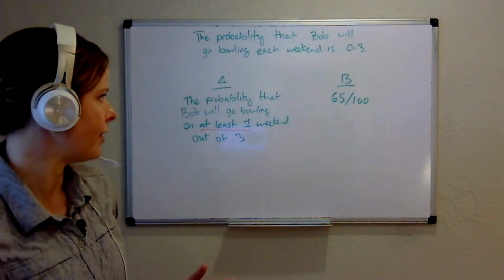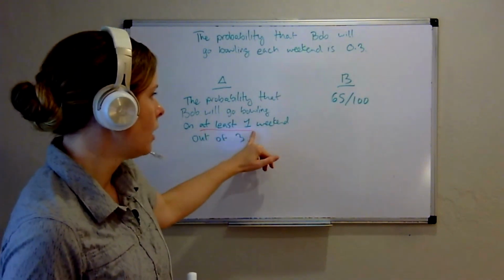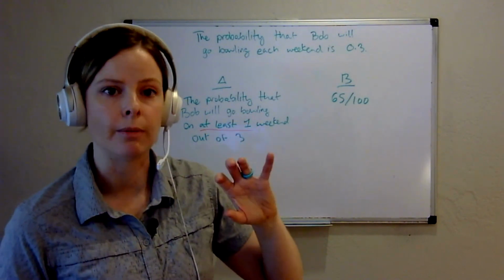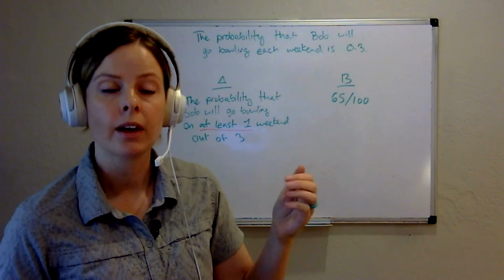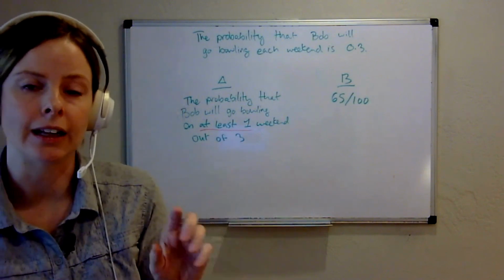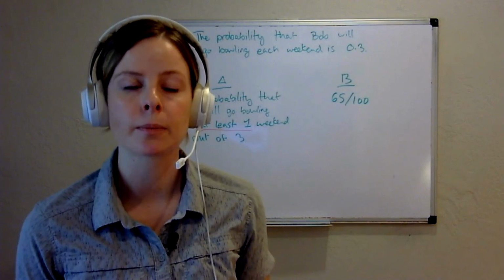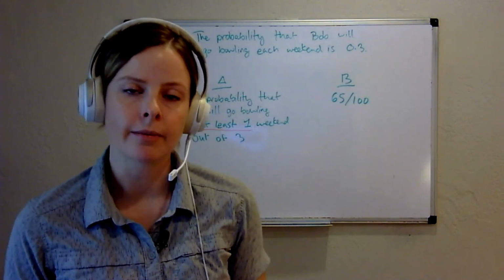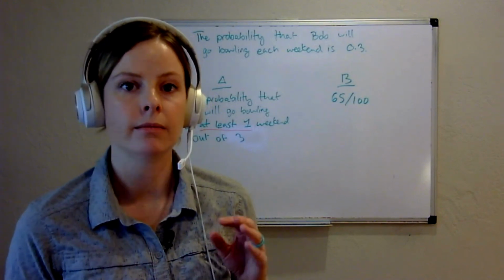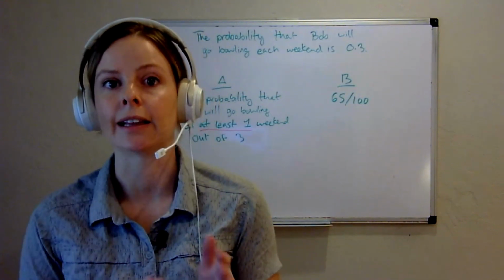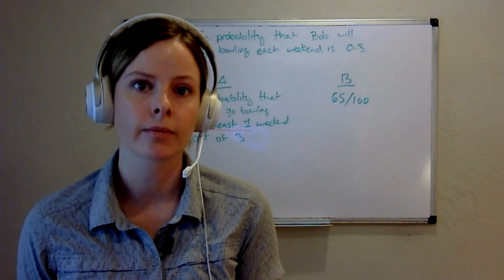A different way of thinking about this, at least one, is to think about how it relates to the probability of nothing. So let me give you a different example. Let's say that you're in your hometown and you go up to a random house. What is the probability that that house either has no dogs in the house at all, or has at least one dog in the house?